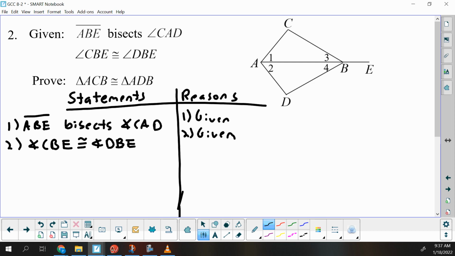All right, we only have one set of things in our givens that are congruent. We have angle CBE and angle DBE.